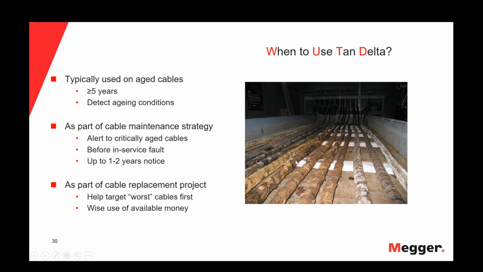Not necessarily is an older cable a bad one or an aging cable. It could be that a cable that is less old than another one has worse aging conditions in the insulation. So the idea of the Tan Delta is to help us to target the worst cables first and to use wisely the available money.